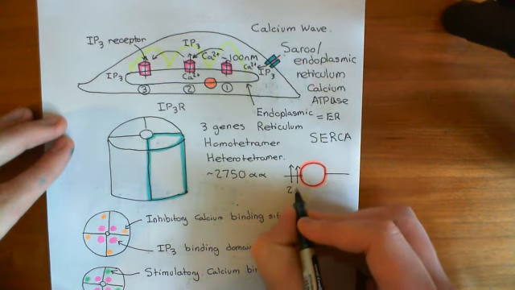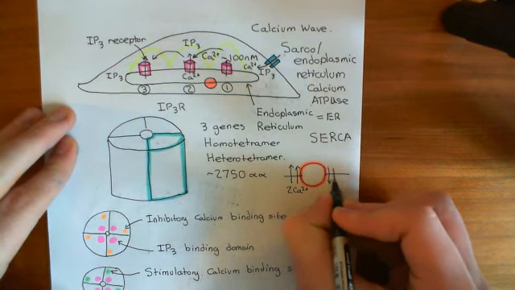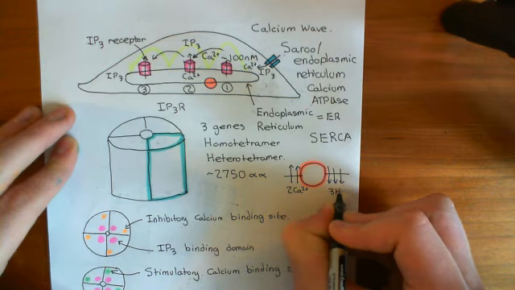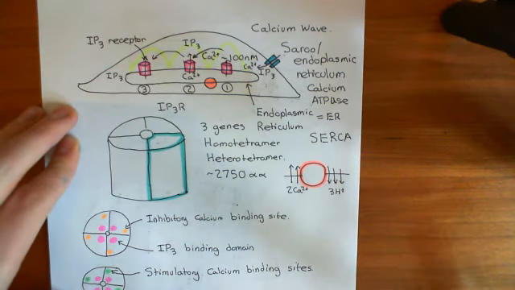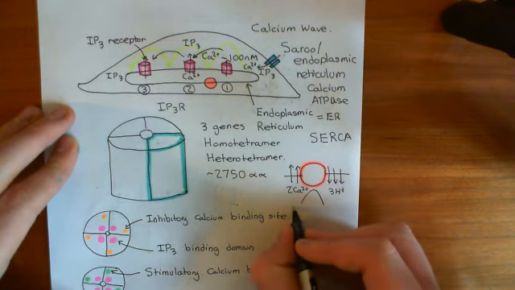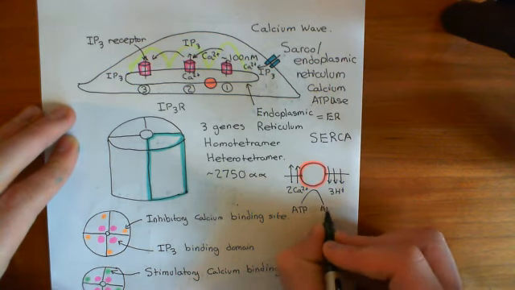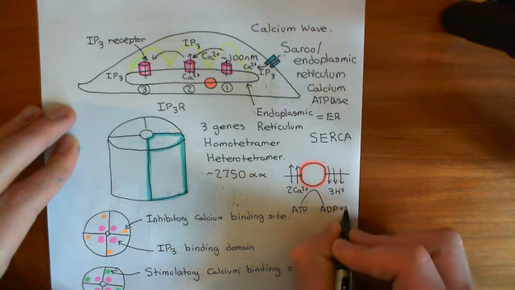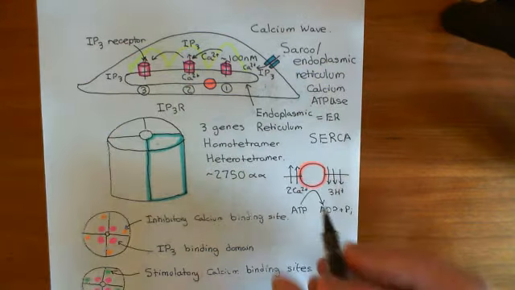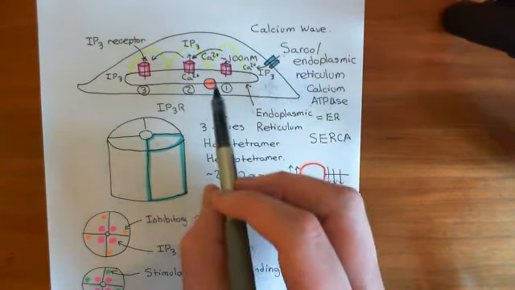So here come the 2 calcium ions, and it pumps 3 protons out every time it pumps 2 calciums in. So 3 protons come out. In addition, when it does that maneuver, it has to hydrolyze ATP, so it couples it to the hydrolysis of ATP to ADP, adenosine diphosphate, and inorganic phosphate. So these pumps are working continuously to return the calcium back in.